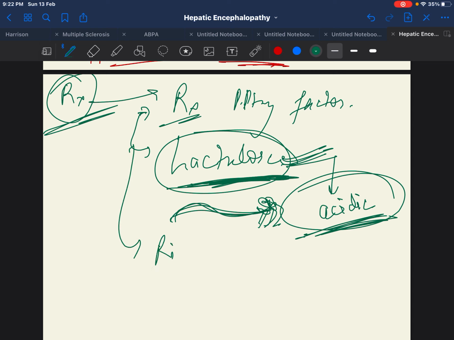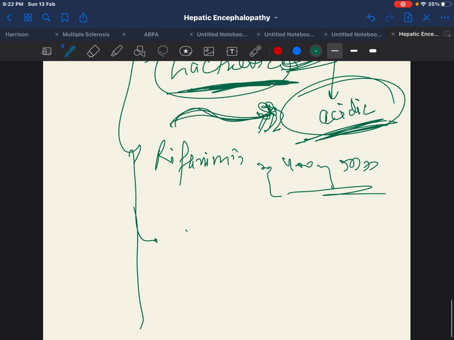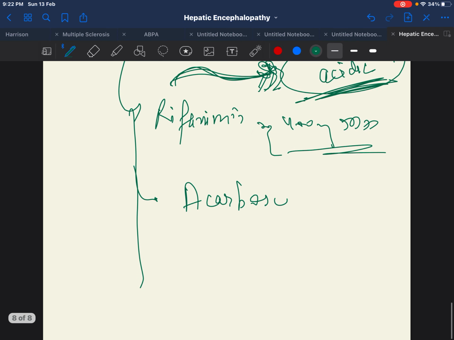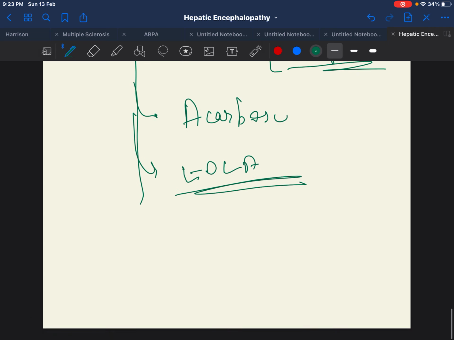Again, rifaximin is given, either 400 milligrams TDS or 500 milligrams BD. Acarbose can also be given, and branched chain amino acids like LOLA, L-ornithine L-aspartate, can be given.